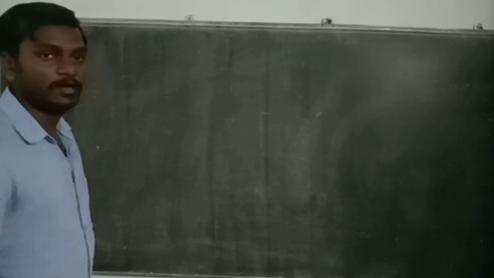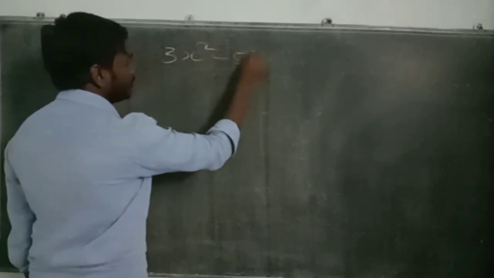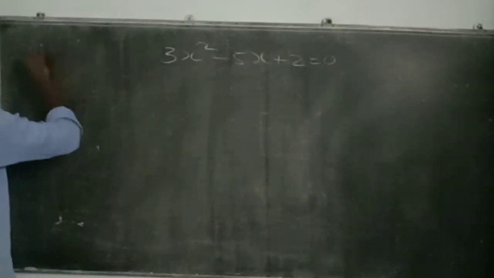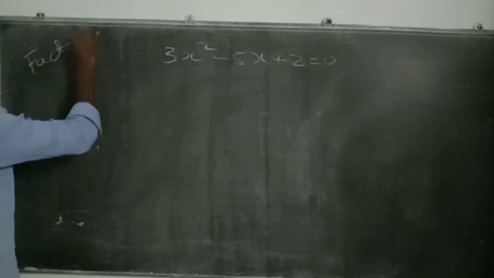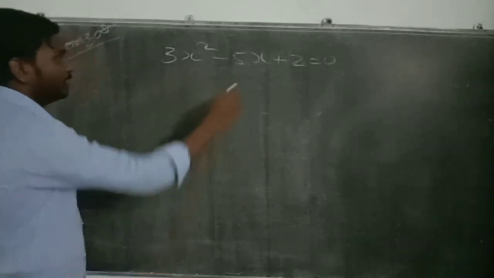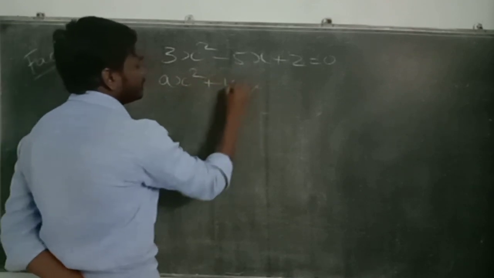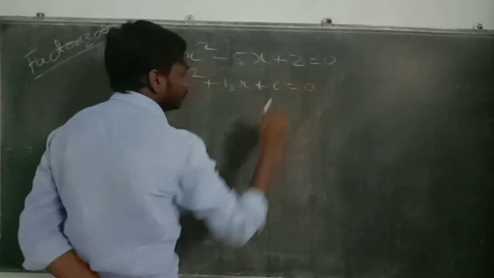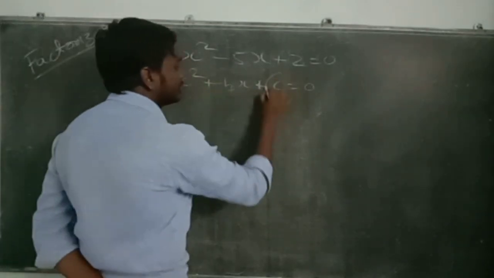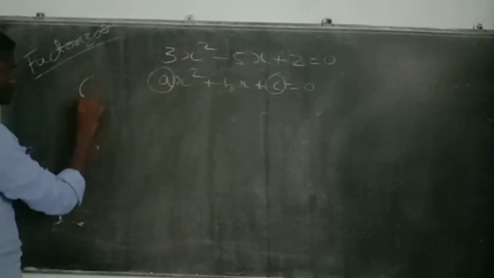Now let's solve the same equation, 3x square minus 5x plus 2 equal to 0, using the factorization method. Comparing this equation with ax square plus bx plus c equal to 0, we take the product of a and c, that is 3 into 2, which is 6.